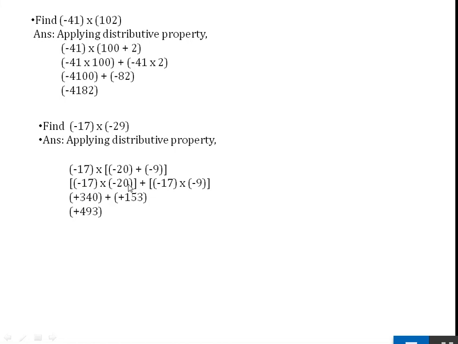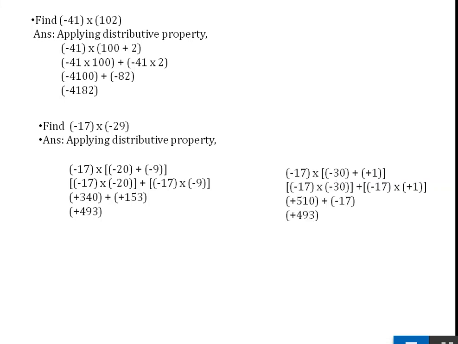Negative 17 into negative 20 is positive 340. Negative 17 into negative 9 is positive 153. Both the numbers are positive, so you will get a positive answer, positive 493.